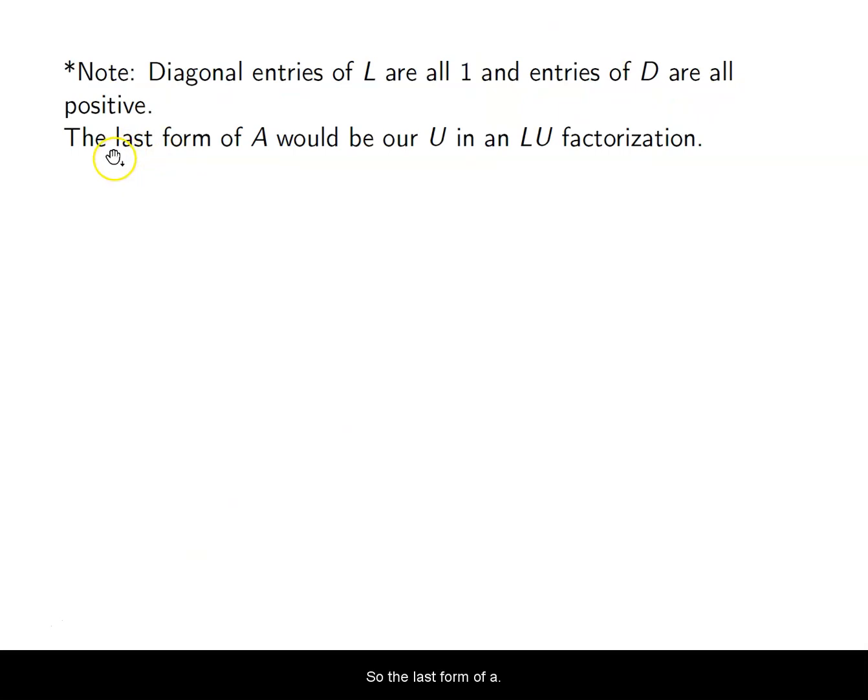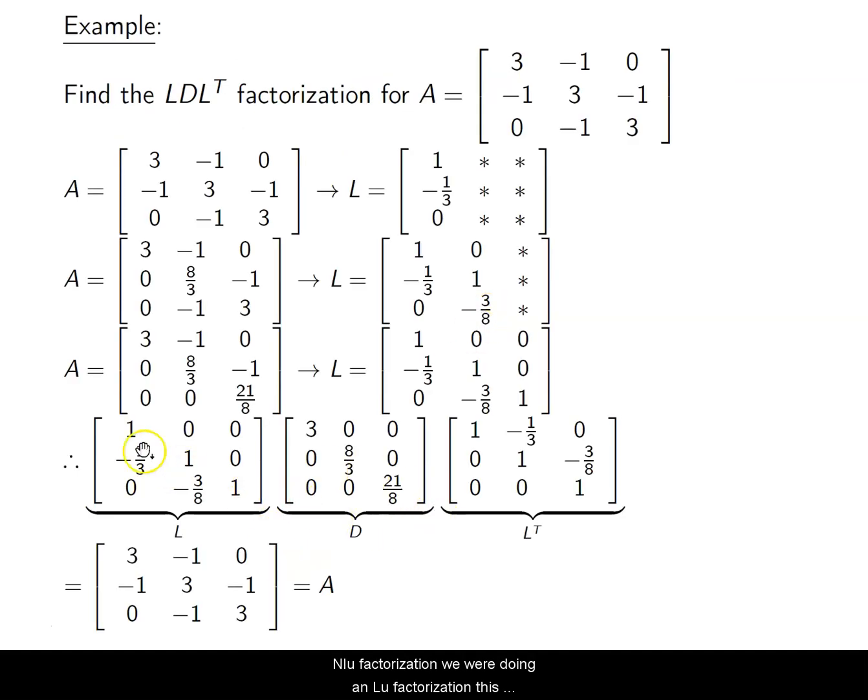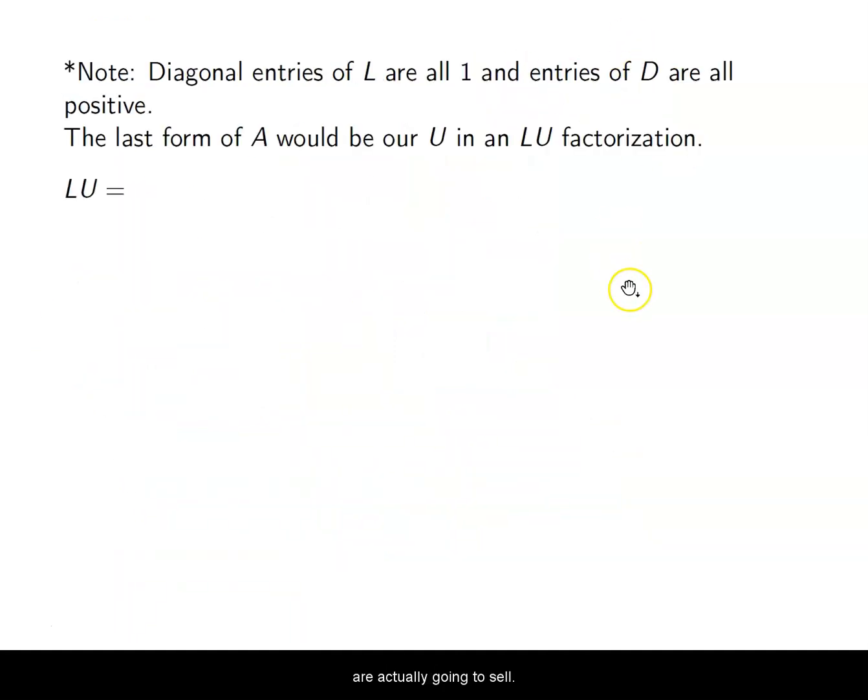So the last form of A would be our U in an LU factorization. If we were doing an LU factorization, this would be my U. If I go L times this reduced echelon form of A, I would call this my U. So L times U would get me back my original A as well, which we are actually going to show right now.